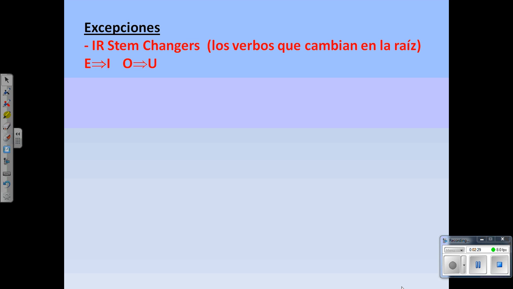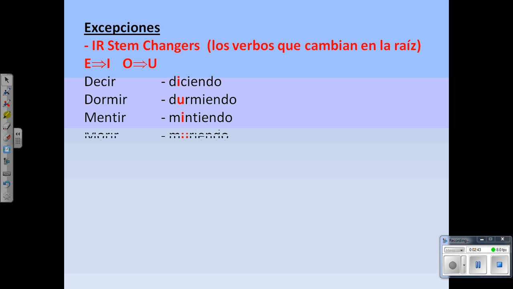Okay, we're going to talk about algunas excepciones, some exceptions. IR stem changers. Los verbos que cambian la raíz. IR stem changers in the present tense also stem change in the gerund. So the E changes to an I and the O changes to a U. So we have decir, diciendo, dormir, durmiendo, mentir, mintiendo.